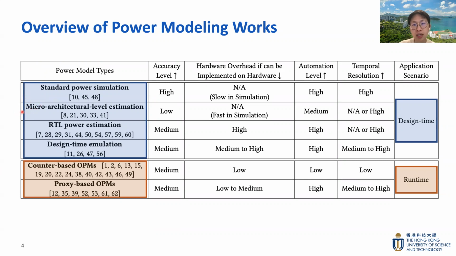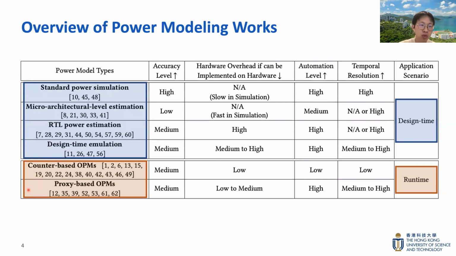It could be very fast in simulation, but the overall accuracy could be very low. An alternative is to perform the power estimation at the RTL level, which could balance the accuracy and the simulation speed. Another option is to perform emulation on FPGA or other emulation platforms to accelerate the design time power modeling process.